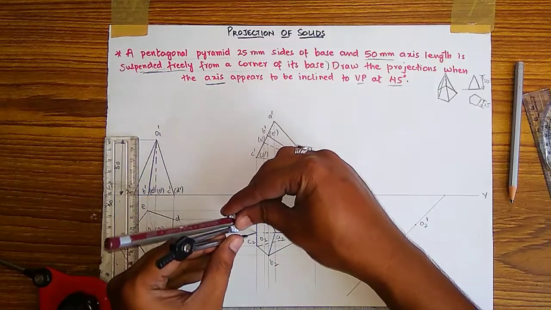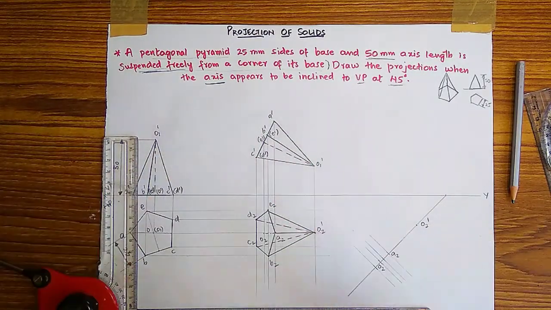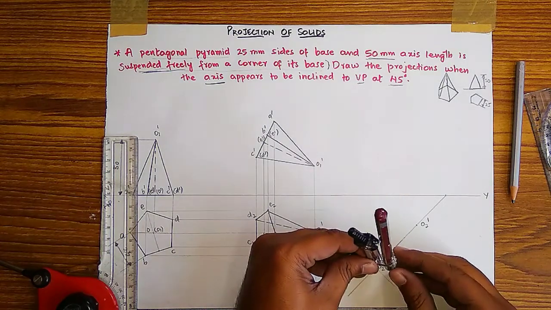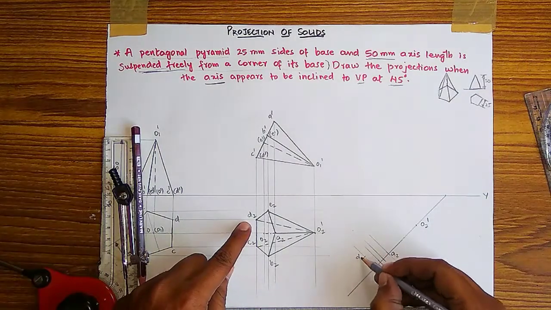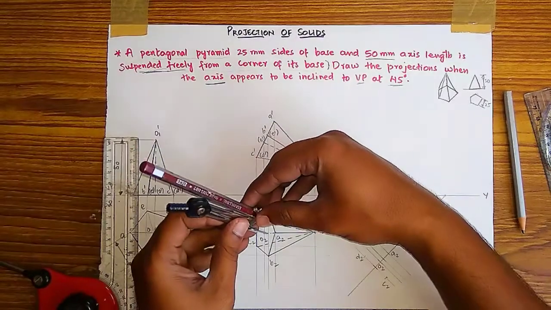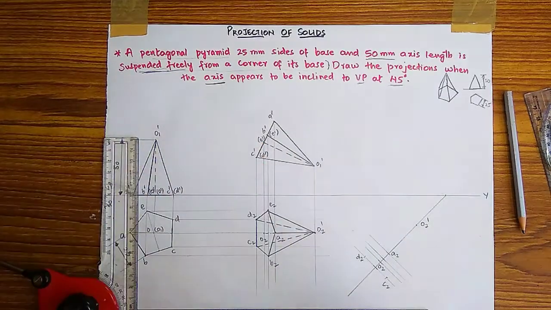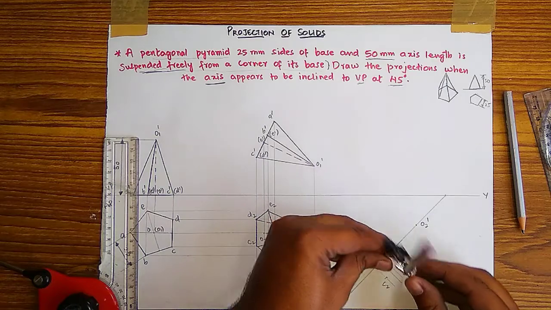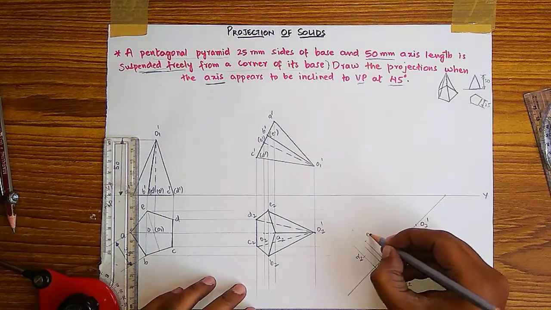On this line you have to measure this distance, and this distance is the same. So on that first line I have copied, meaning this point is D2 and this point is C2. For the remaining point, from here to E2, I am measuring this distance and this distance will be the same. Then this is B2 and this is E2.